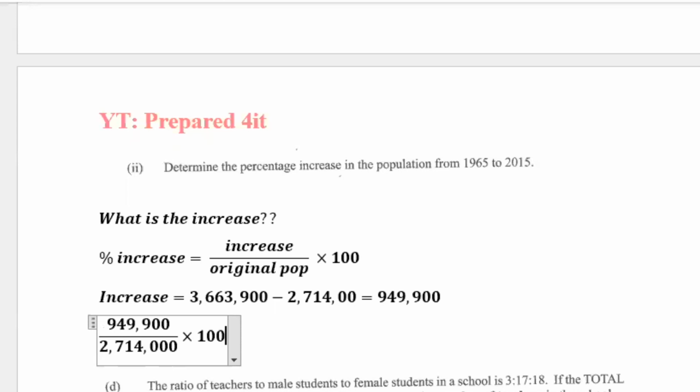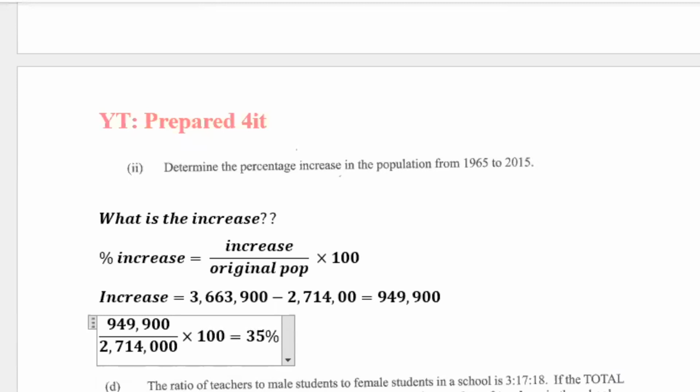So if you remember your formulas from consumer arithmetic, it is the same principle that is being applied here, but in class, we usually only use these formulas when it comes to working out monetary value. And when you input this in your calculator, you will get 35% as your answer.